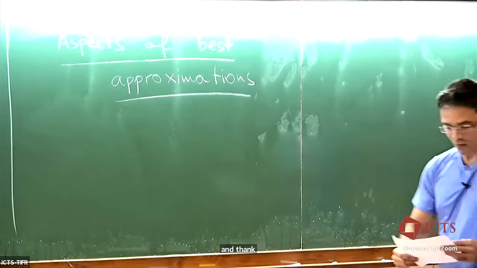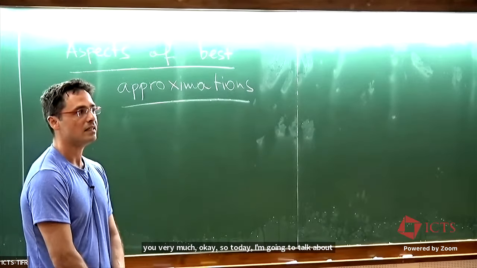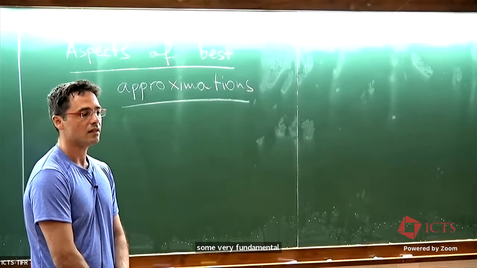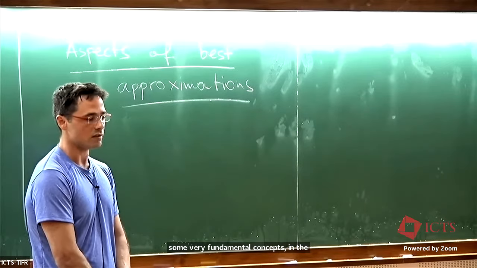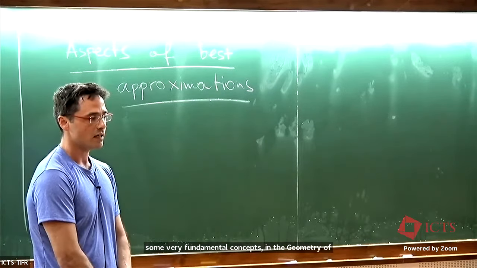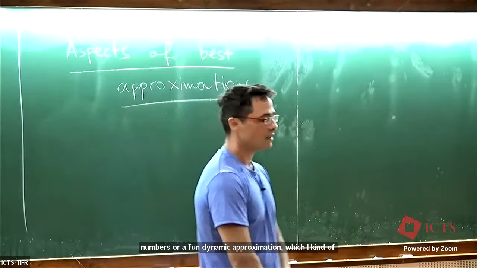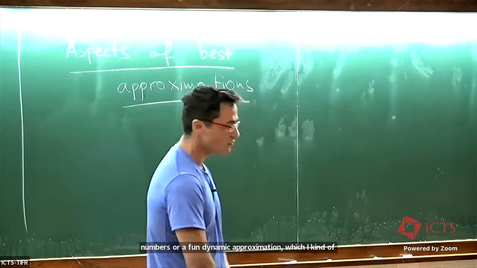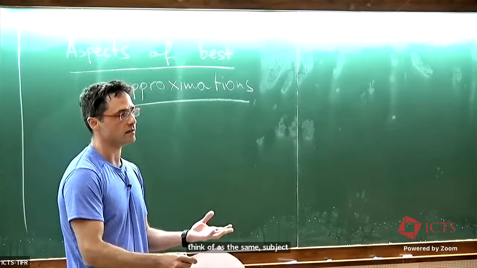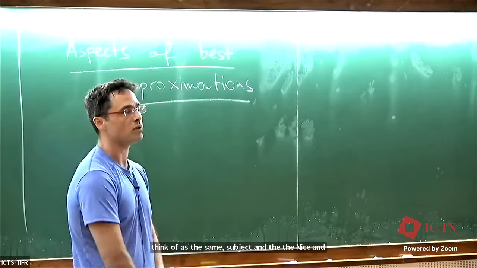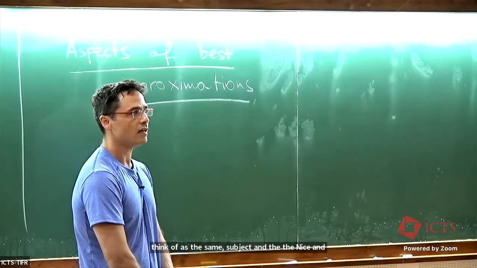Okay. So today I'm going to talk about some very fundamental concepts in geometry of numbers or Diophantine approximations, which I kind of think of as the same subject, and the nice and somewhat soft interplay between ergodic theory and those areas.